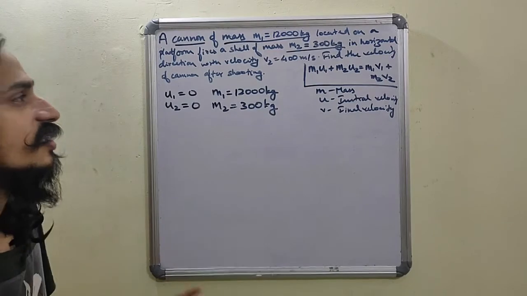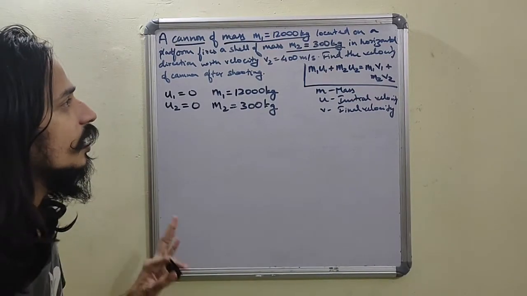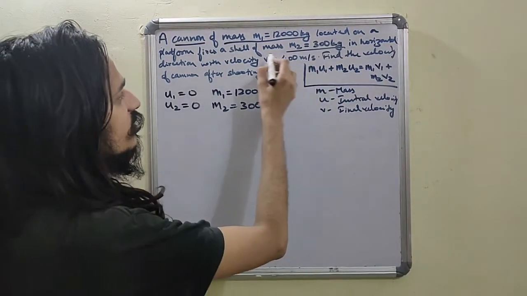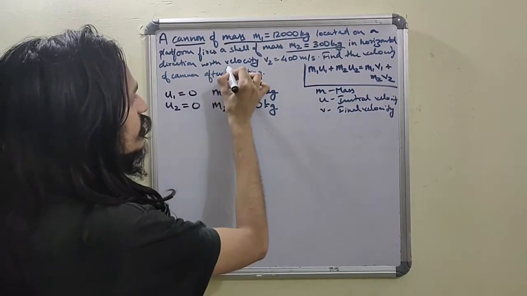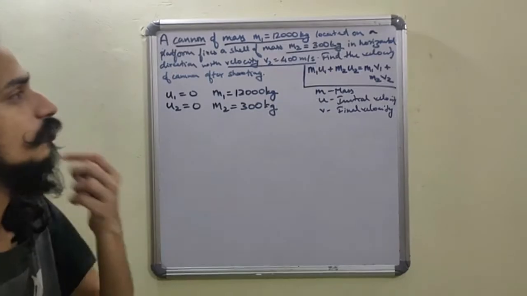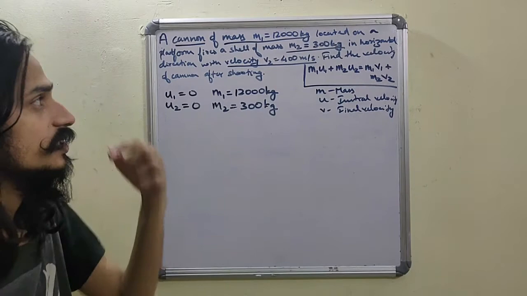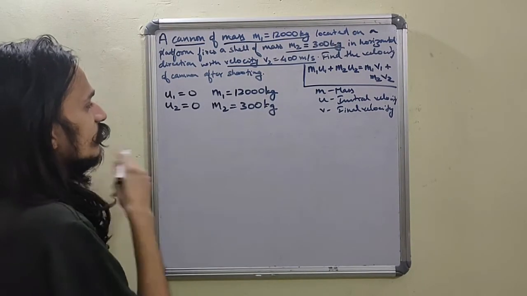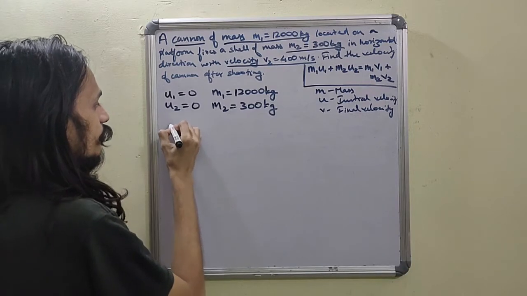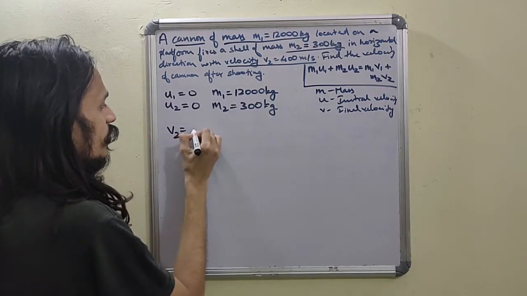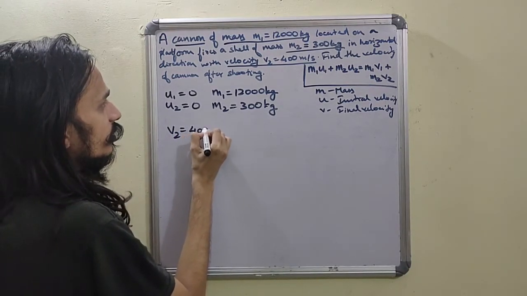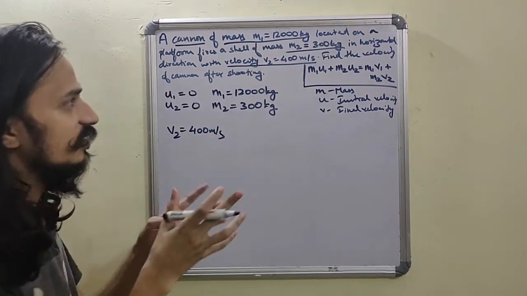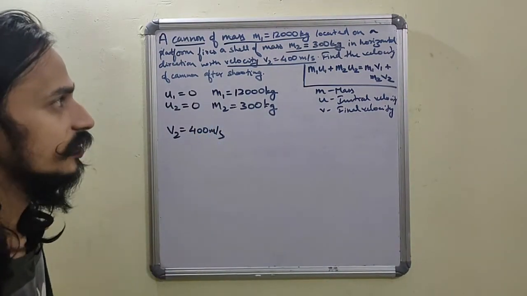So that force is inside of these two objects. That is why the shell flies with a velocity v2, 400 meters per second. Okay, so I now have v2 also with me. v2 is nothing but 400 meters per second. So that shell is flying with 400 meters per second.